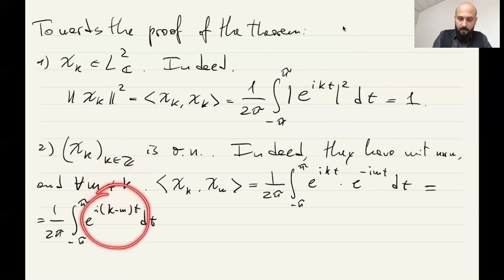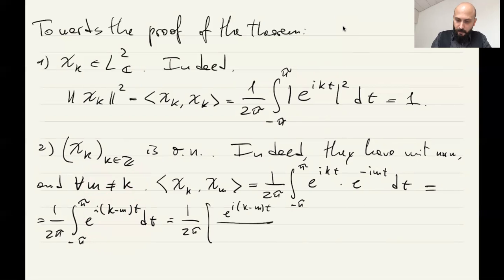So now I can integrate, I can write a primitive of this function as e^{i(k-m)t} divided by i(k-m), between minus pi and pi. And now I evaluate.